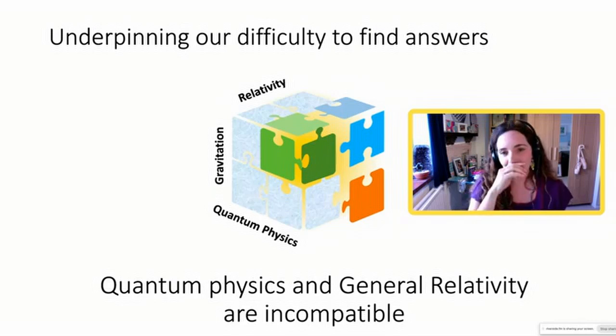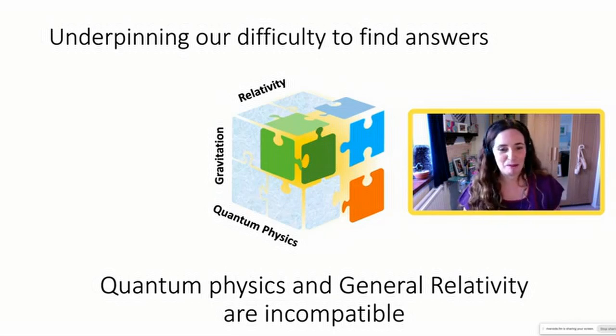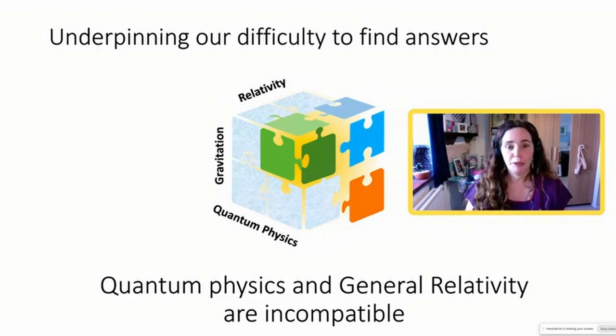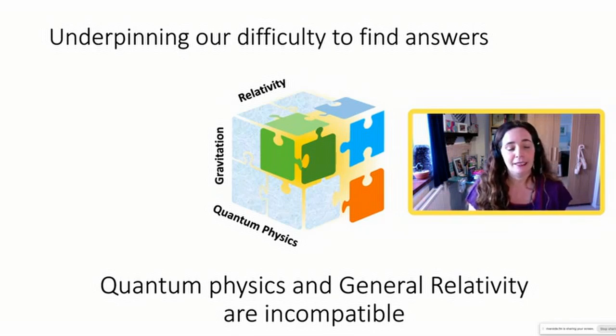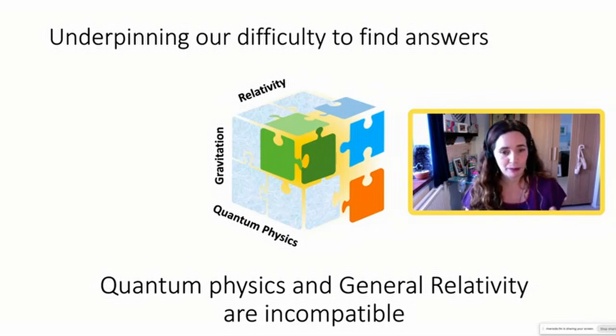So this is like the very typical cube that one sees in theoretical physics, but I just designed it a bit differently, where you have relativity on one axis, so that would be c, the velocity of light, then gravitation on another dimension, that would be the gravitational constant G, and then quantum physics would be h bar.